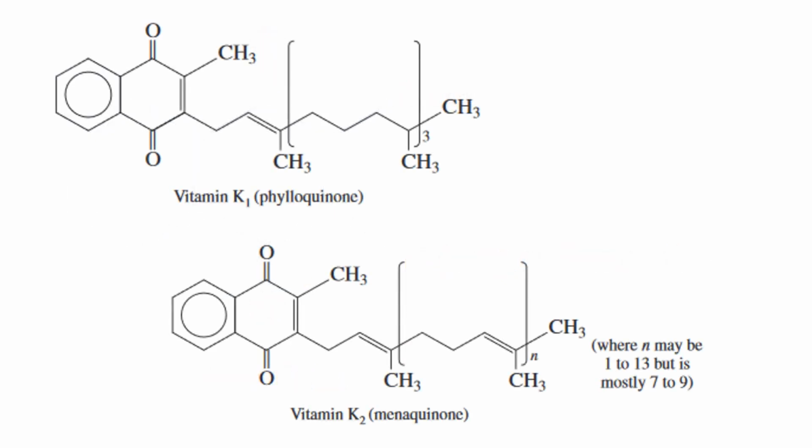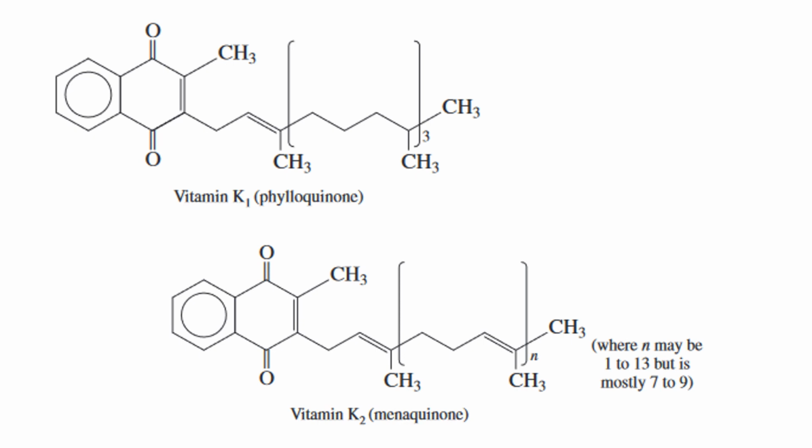Vitamin K1, also called phylloquinone, has a side chain that is predominantly saturated. Only one carbon-carbon double bond is present. It is a substance found in plants. Vitamin K2 has several forms called menaquinones, with the various forms differing in the length of the side chain.